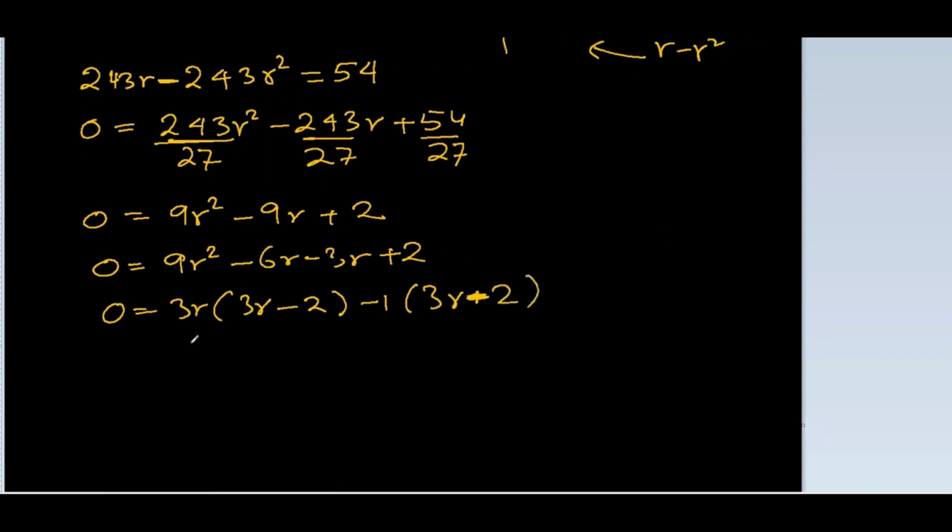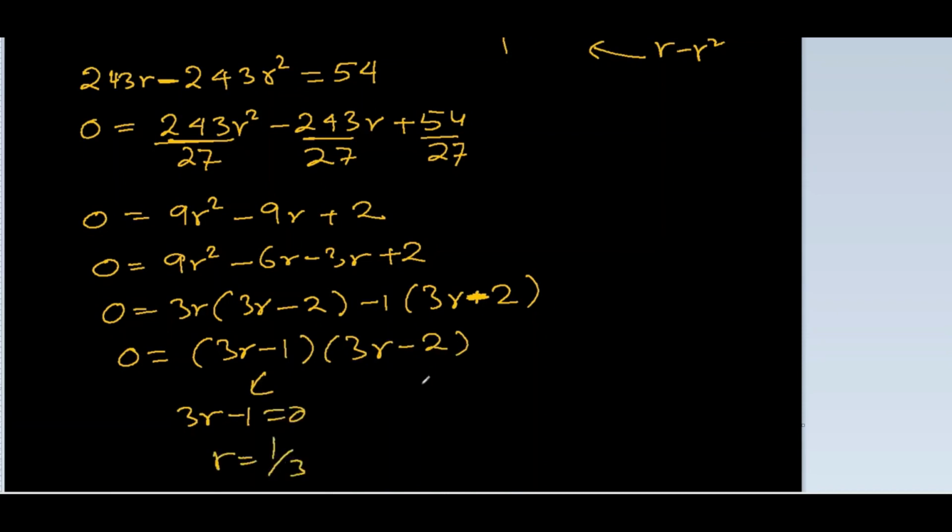So it becomes 3R minus 1, 3R minus 2. This one gives 3R minus 1 equal to 0, which is R is 1/3.